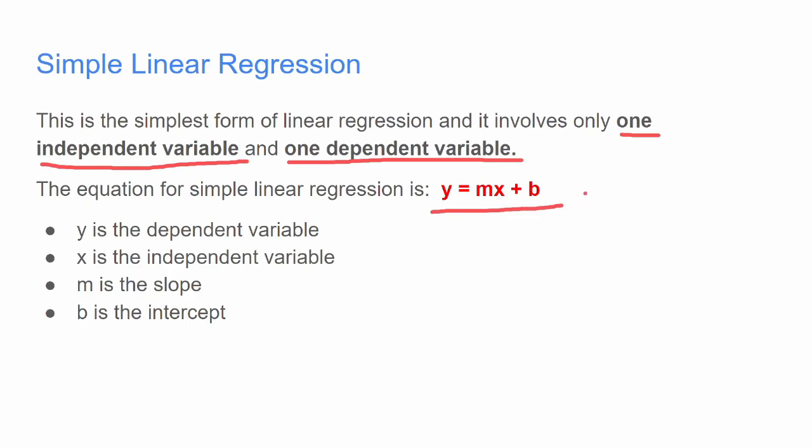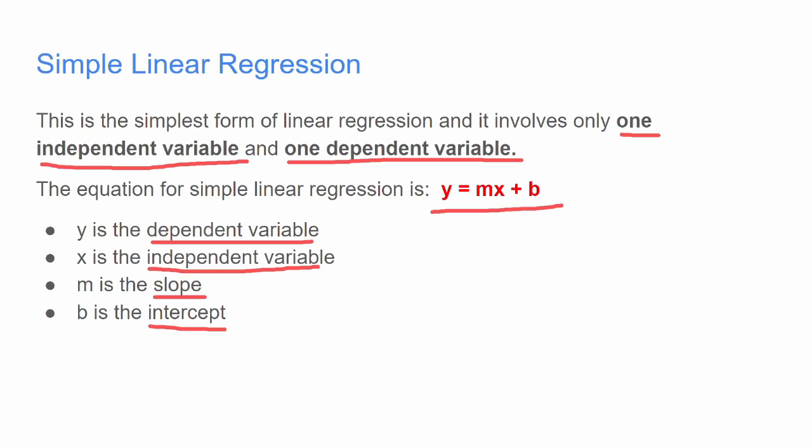This is a very important equation, and it is very useful when you're solving any problems or dealing with the Jupyter notebook, like the house price prediction project. Here y is the dependent variable, x is the independent variable, m is the slope and b is the intercept. So this is the simple equation of simple linear regression.